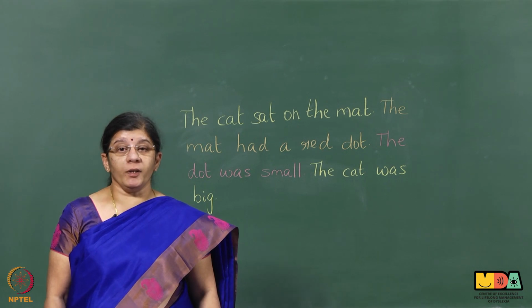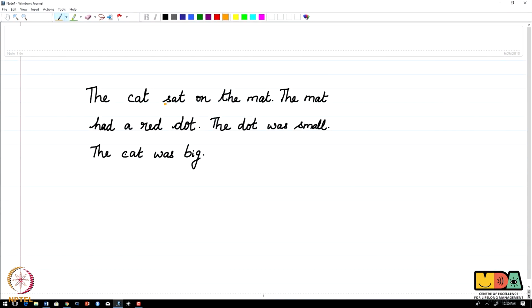The child can be encouraged to copy in phrases. Find the verb, write V under it. Now start cradling before and after the verb. The cat sat on the mat. In the next line, underline the verb, write V under it. Now cradle before and after.